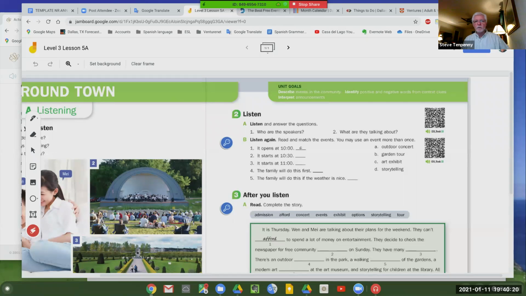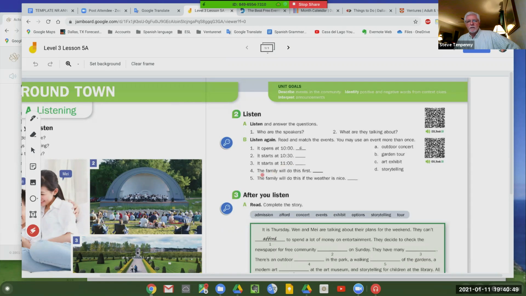For example, they will talk about something that is going to open at 10 o'clock. Well, that one is already provided here. It says the art exhibit. Okay, and there's something that starts at 10:30. There's something that starts at 11.